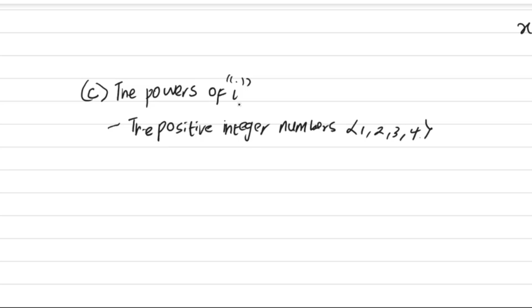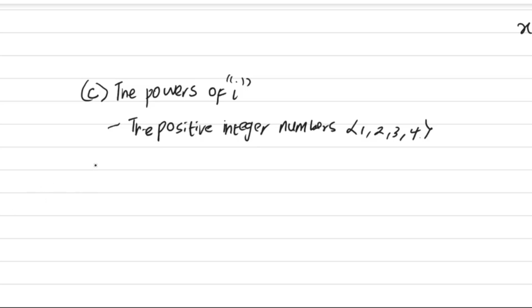So when i is raised to the power of these numbers, it has important results as it keeps on increasing. So now, what if those powers are now raised to a negative integer?